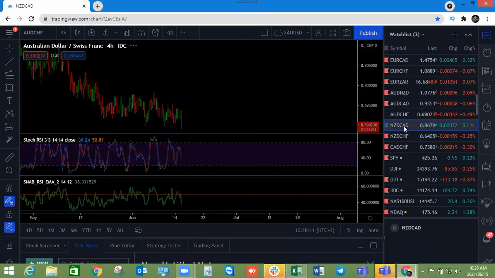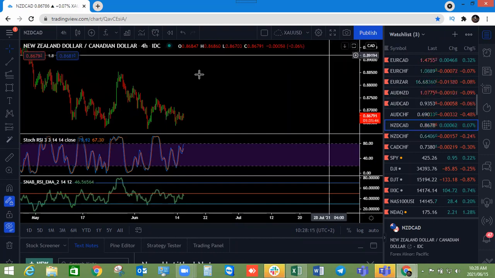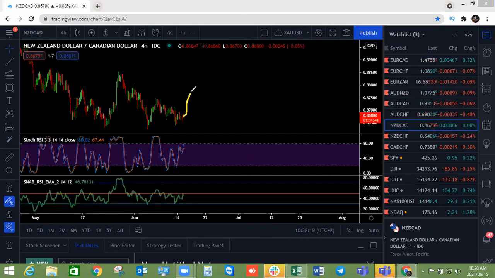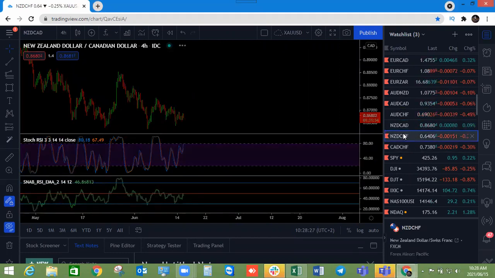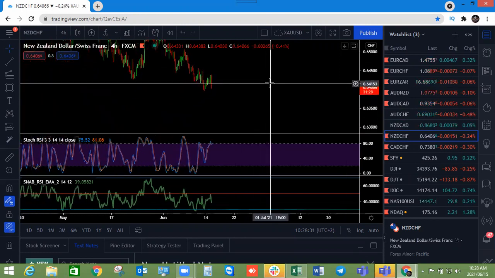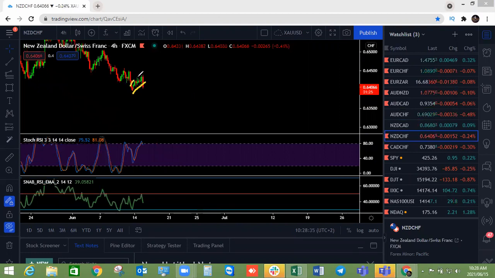New Zealand CAD. We're looking for the bounce like this. New Zealand Chief. Continuation to the downside.